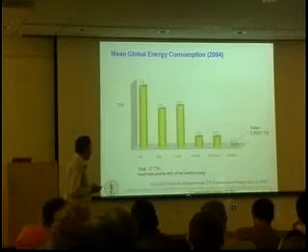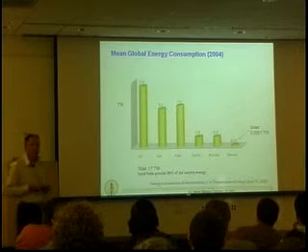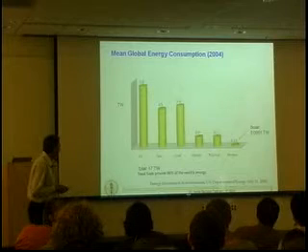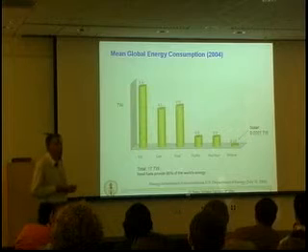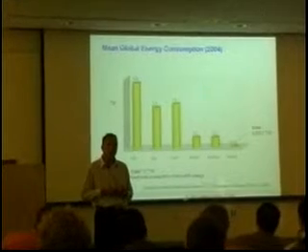And if we simply forge into the future with a business as usual approach to energy production and consumption, that is unlikely to change. You can see here the numbers are enormous. To give you a scale for the numbers, the instantaneous burn rate of the Earth right now is 17 terawatts.